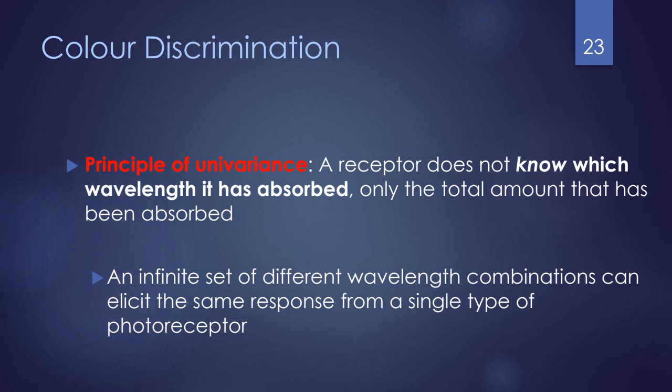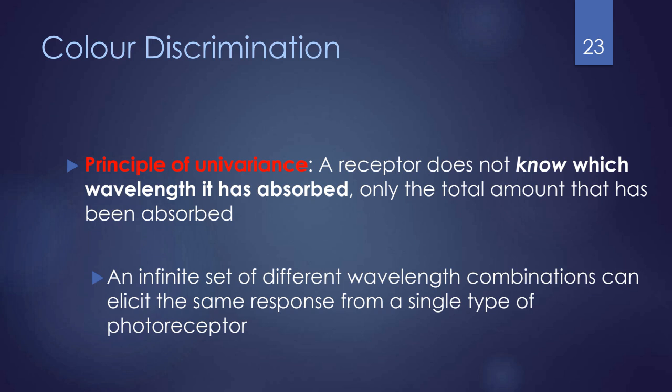So this conundrum of how we know what colors we're looking at when each type of cone responds to such a wide range of the spectrum is formally known as the principle of univariance. With the principle of univariance, a receptor does not know which wavelength it has absorbed.